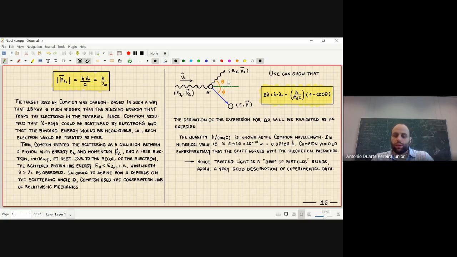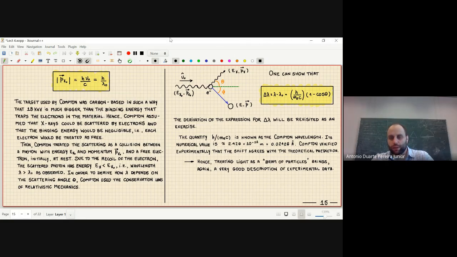So if theta is almost zero, then delta lambda will be roughly zero. It doesn't mean that there was no collision. It just means that if you approach the angle theta to zero, then the Compton shift will be close to zero. That's all.